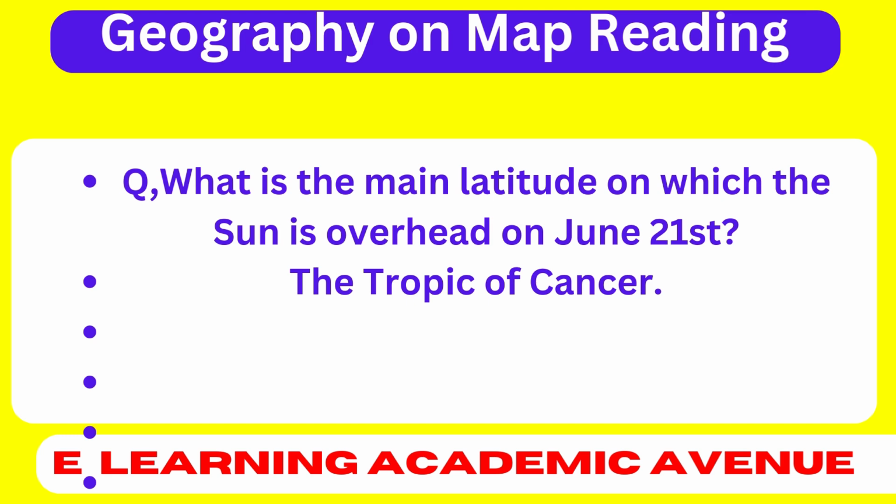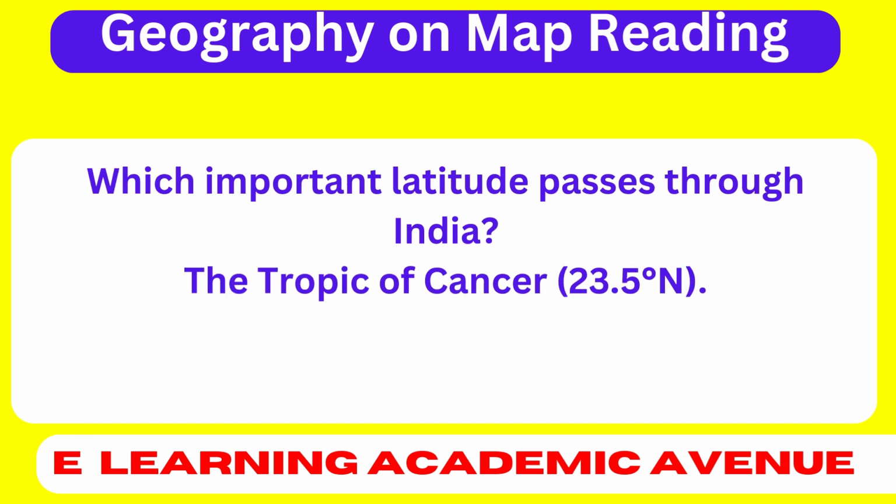Question 68. What is the main latitude on which the sun is overhead on June 21? The Tropic of Cancer. Question 69. Which important latitude passes through India?